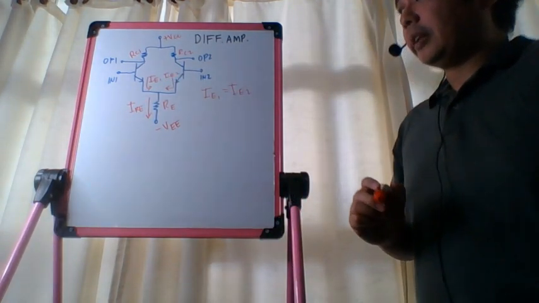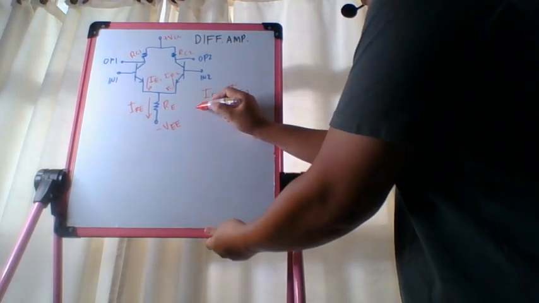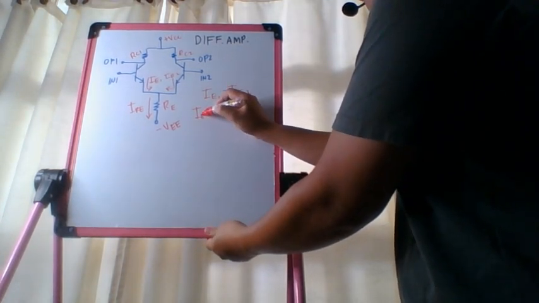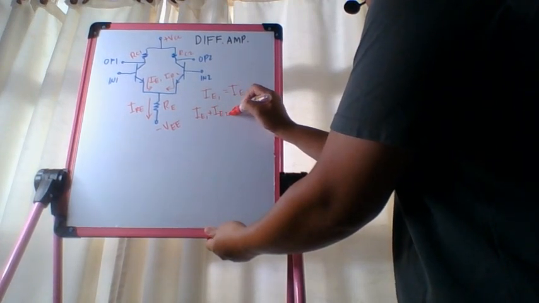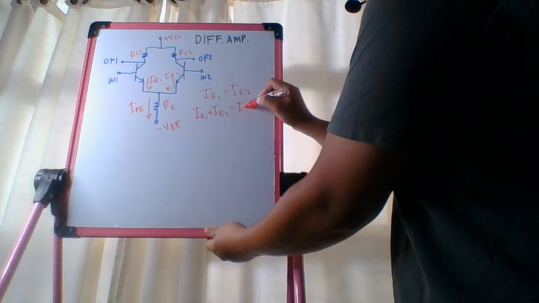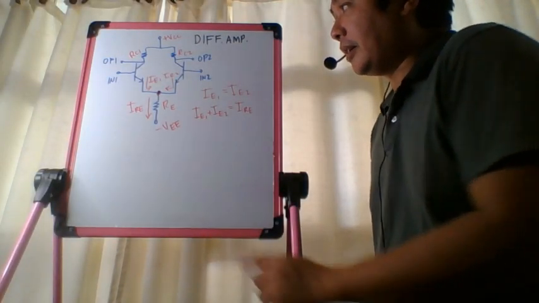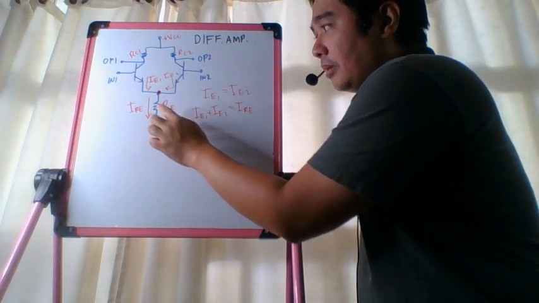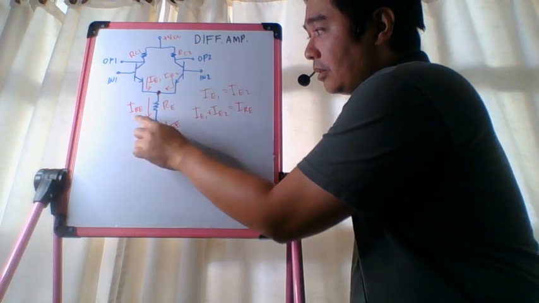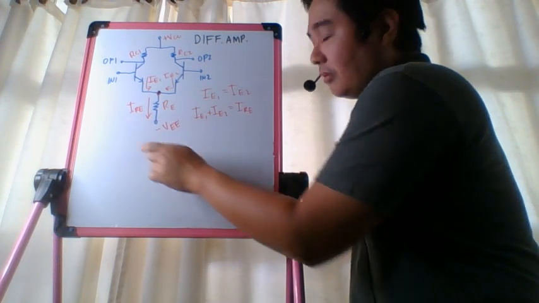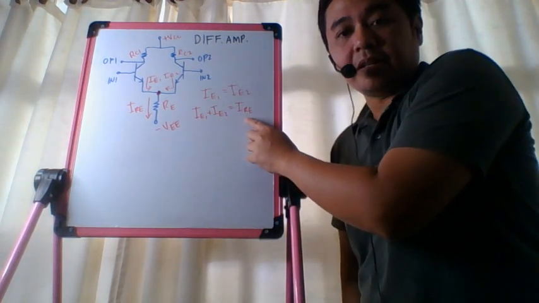But how do we relate IRE and yung ating dalawang IE? So we have IE1 plus IE2 is equal to IRE. Since yung dalawang current natin, IE1 and IE2, magsasalubong dun sa ating node, and it will combine to produce IRE. We can write the equation IE1 plus IE2 is equal to IRE.